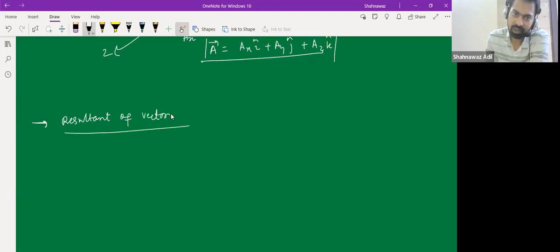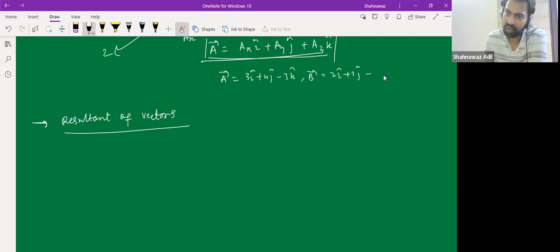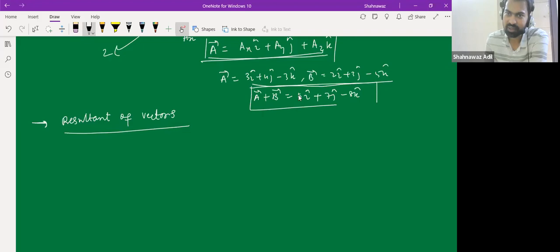In Cartesian form, let's say A is 3I plus 4J minus 3K, and B is 2I plus 3J minus 5K. So A plus B is very easy in the Cartesian form. This would simply be 5I plus 7J minus 8K. So getting the resultant in the Cartesian form is easy, right?